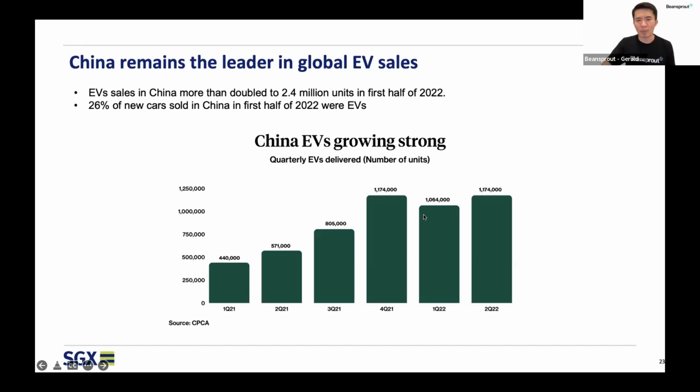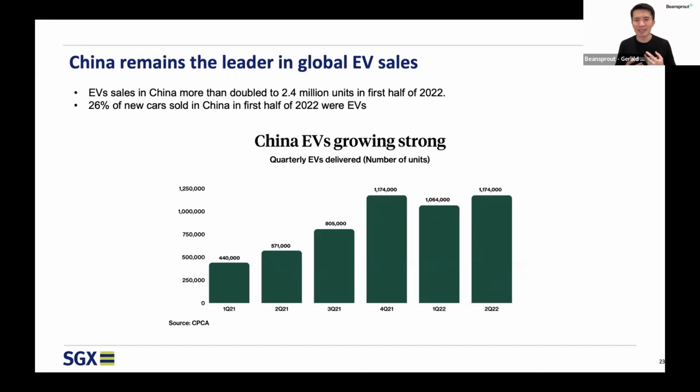But this is really compared to the very strong growth that we saw in the previous quarters. If we compare, say, the second quarter of 2022 versus the second quarter of 2021, the growth on a year-on-year basis is actually still very high. Effectively, between last year and this year, the total number of EVs delivered in China has still doubled.